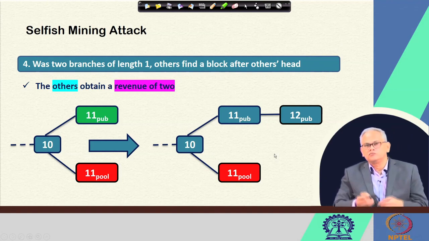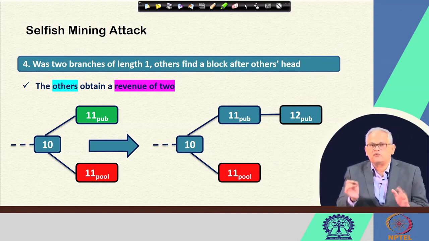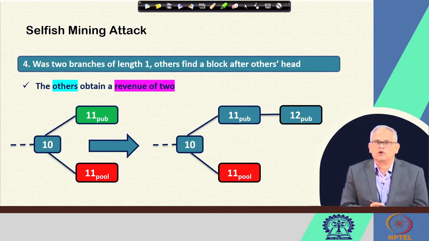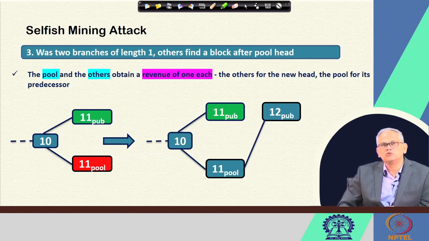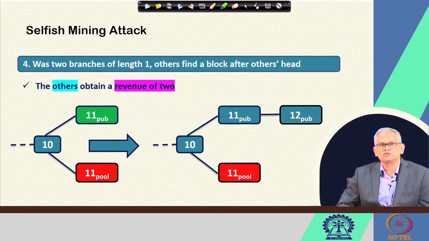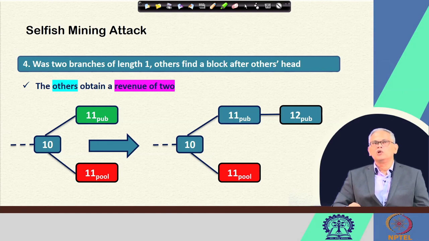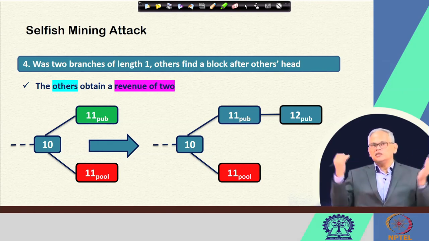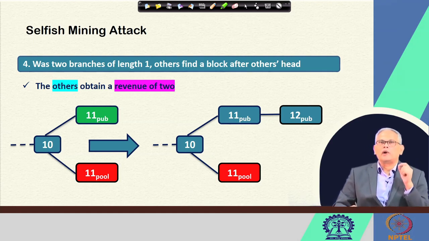Now we will continue with the other scenarios, after explaining the first few in more detail for your understanding. This is something very similar to the third scenario, but in this fourth scenario, although there was already a fork with 11 pub and 11 pool, the others got this 12 pub and added it after 11 pub.